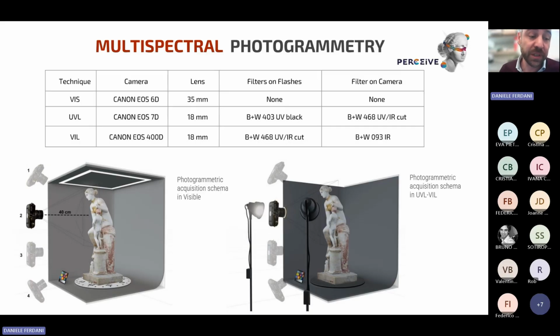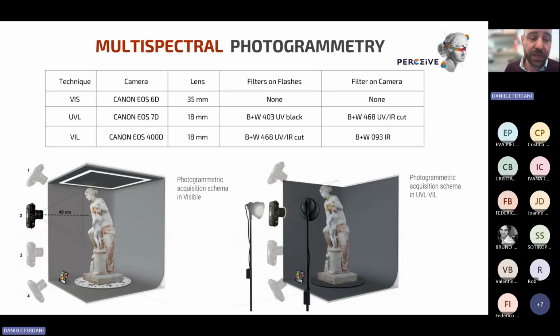These spectral filters were used to provide the correct wavelength emission, and specific lenses and filters were applied to isolate the different spectral phenomena. So here you have an example of the different kinds of filters used both for the flashes and for the cameras. Three different acquisition datasets were performed on the statue.